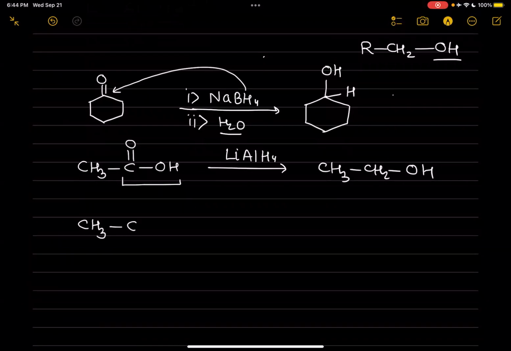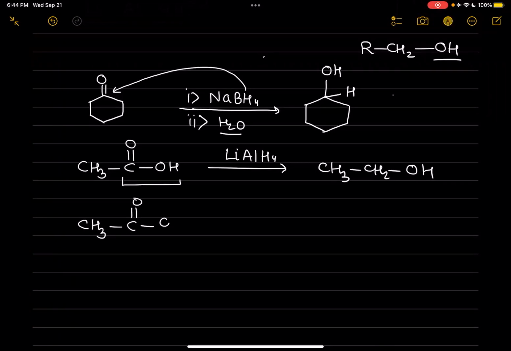What are esters? Priyan, Anushka, Imad, tell me quickly. What are esters? Esters actually have one CO. They are actually derived from carboxylic acid.